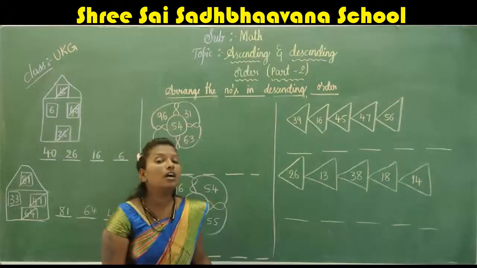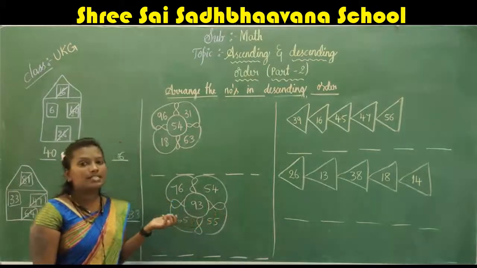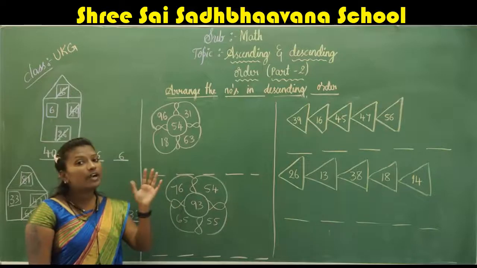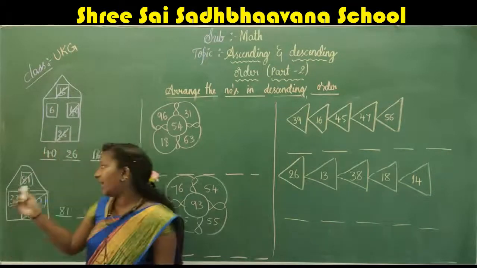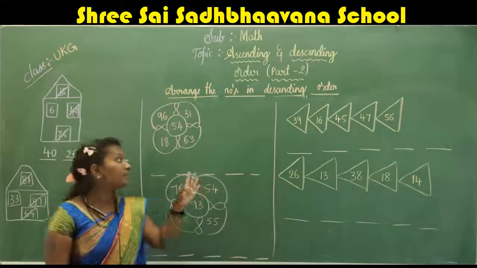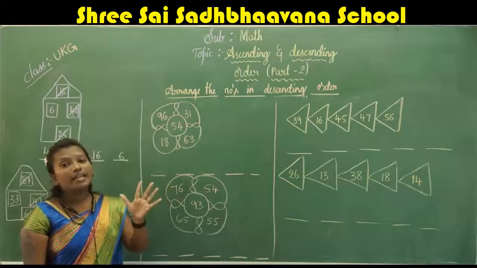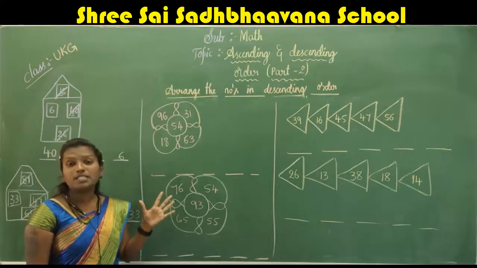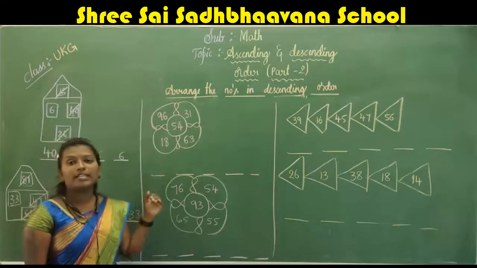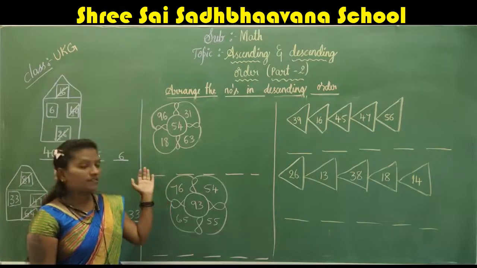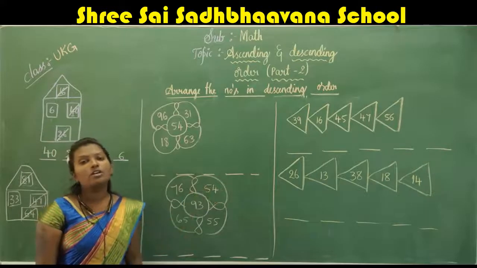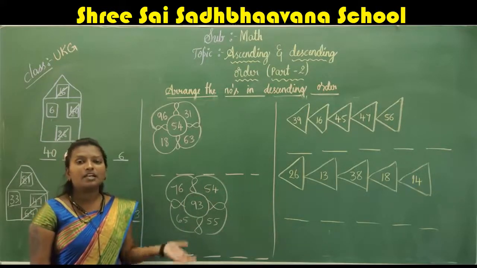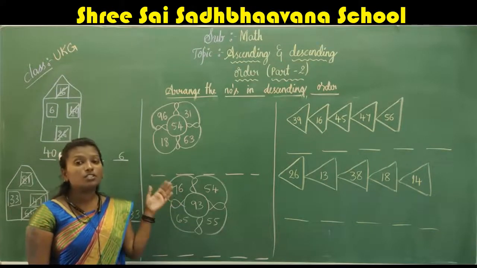Okay, now we'll go to another example of descending order numbers. So children, here they are given 5 numbers. In the previous one they gave only 4 numbers, but here they are given 5 numbers for us. Of these 5 numbers, the biggest number we write in the first place, and the smallest number we write in the last place, because descending order is nothing but numbers going from big to small.